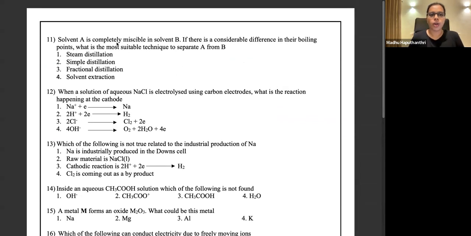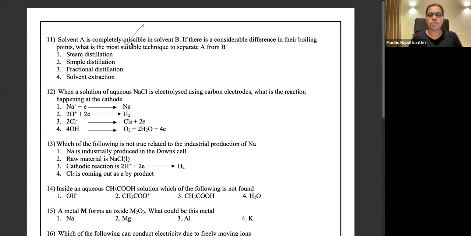Here I have said solvent A is completely miscible in solvent B. Completely miscible. If there is a considerable difference in their boiling points, what is the most suitable technique to separate A from B? What do you think?